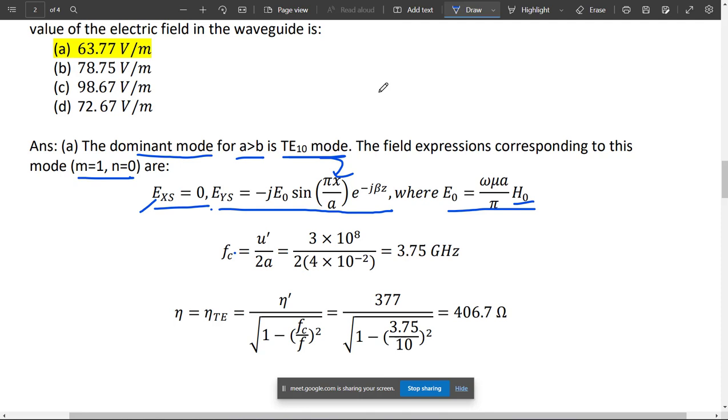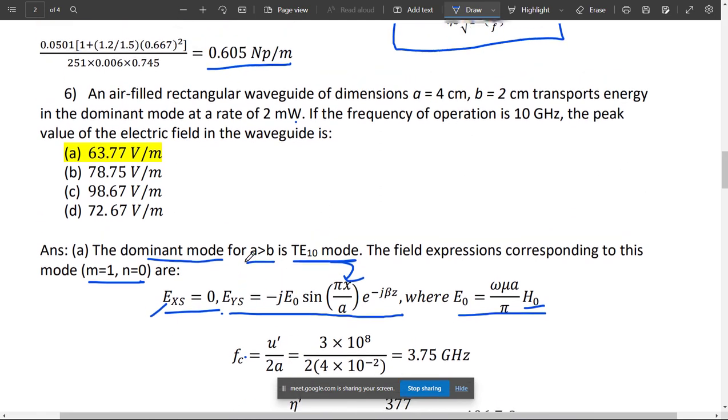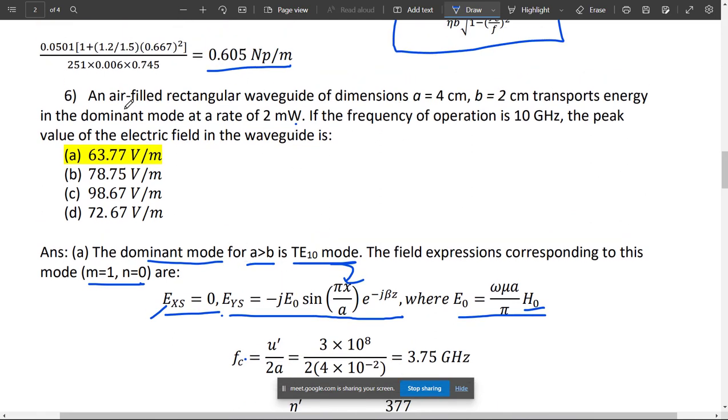Yes. See, why it's not taken here is because here it is root epsilon r, but the question says that it's an air filled rectangular waveguide. Since it's air filled, epsilon r will be equal to 1.